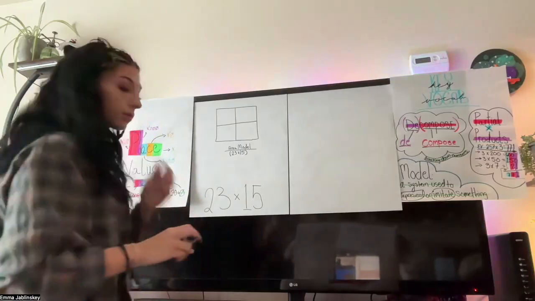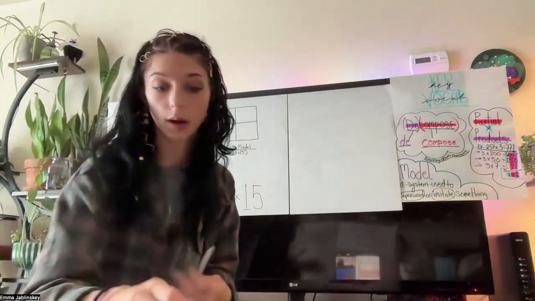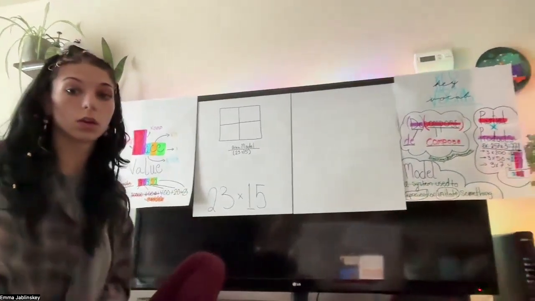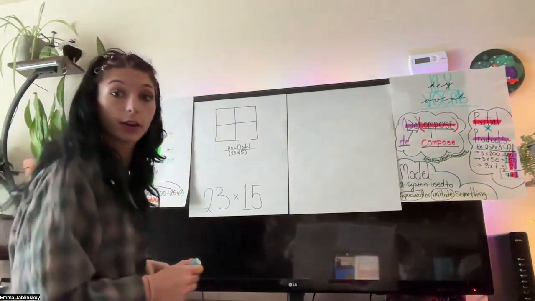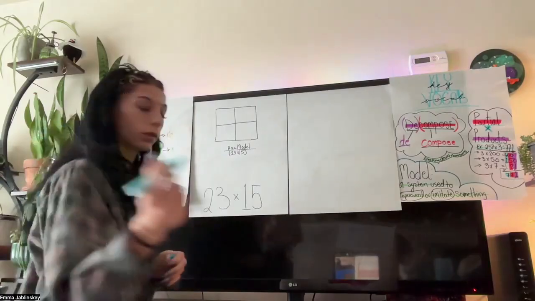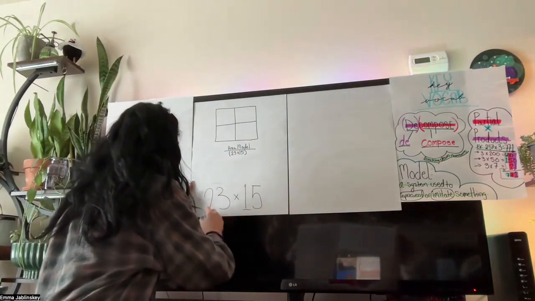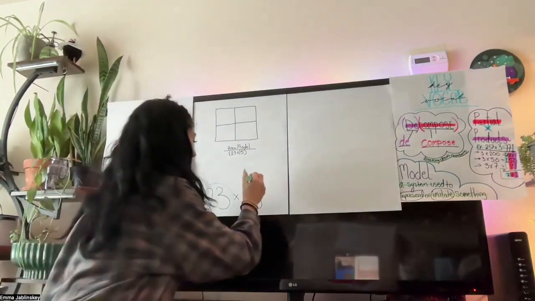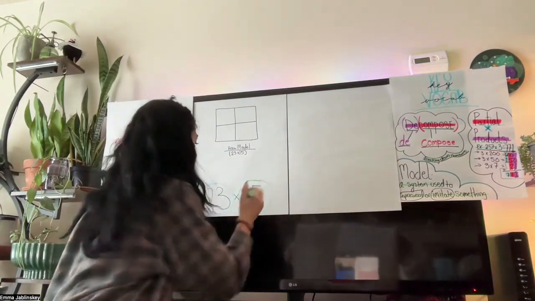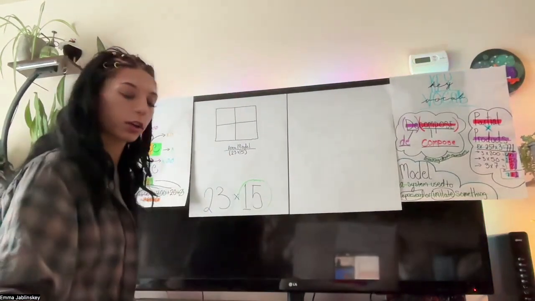So now we're going to break up our equation into its independent variables. So variable 1 will be blue, 23. Variable 2 can be green. That's 15. And now we're going to find our partial products.